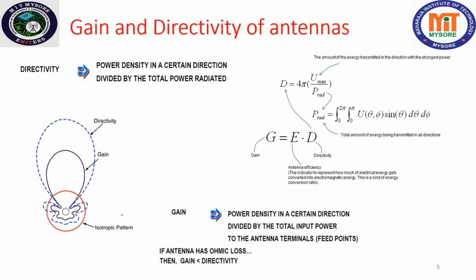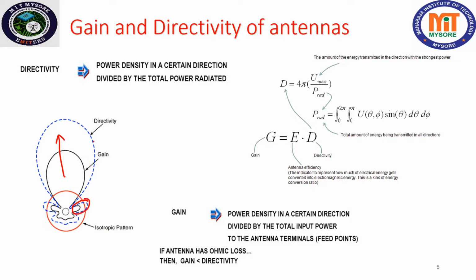Next, coming to the important topic, that is gain and directivity of antennas. So what is directivity? Directivity is the ratio of power density in a certain direction to the total power radiated. If you consider this diagram, the dotted lines are the power density in a particular direction, whereas the total power is over the entire area.